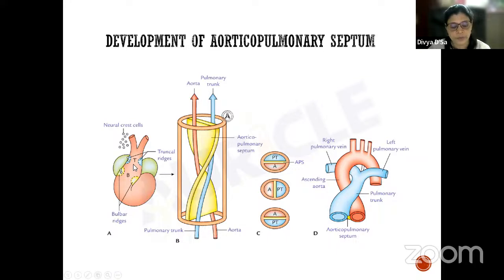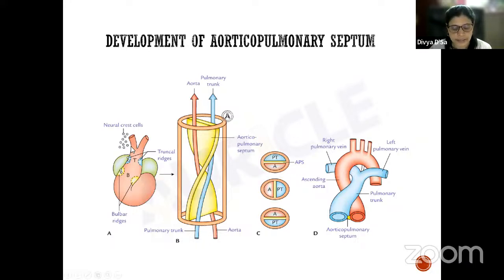It develops from two truncal ridges in the truncus arteriosus. How do they develop? Because the mesenchymal cells here proliferate. Where do the mesenchymal cells come from? They come from the neural crest cells.